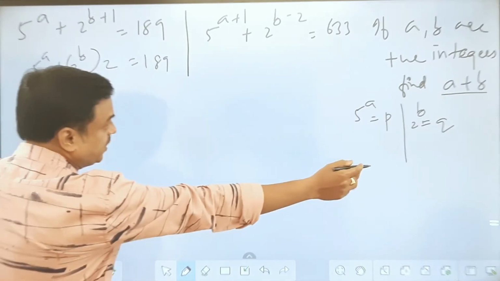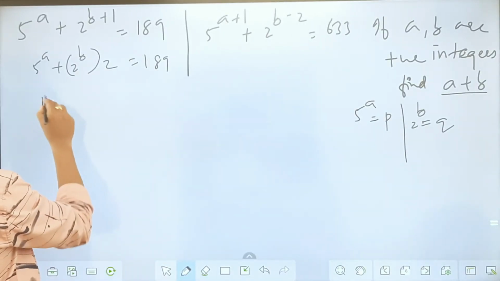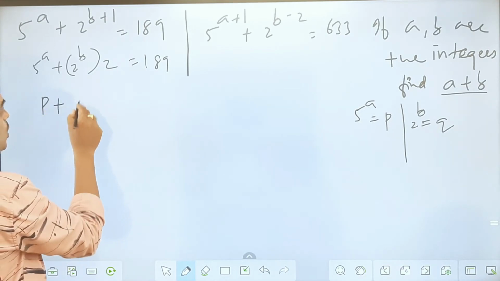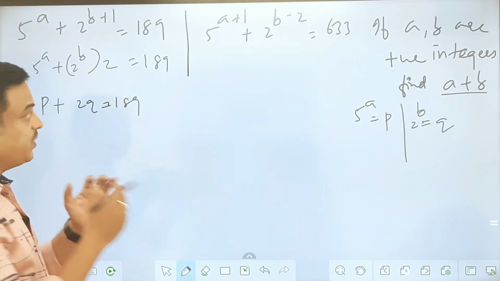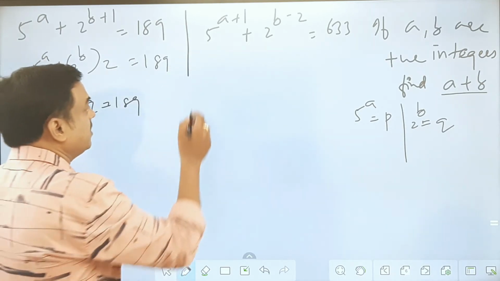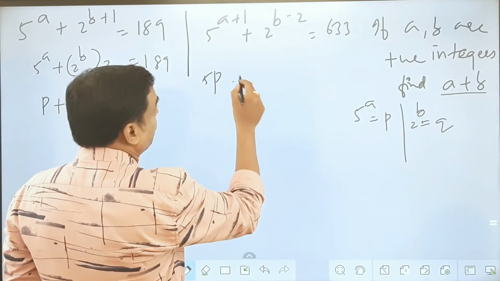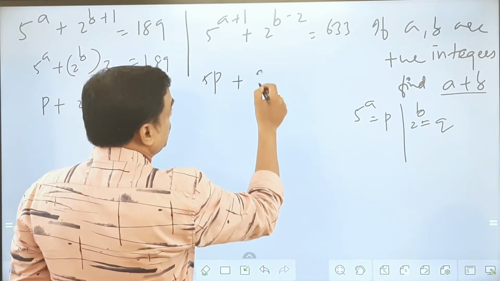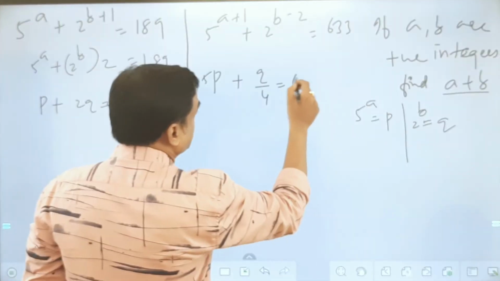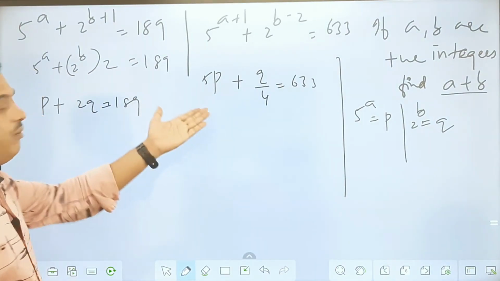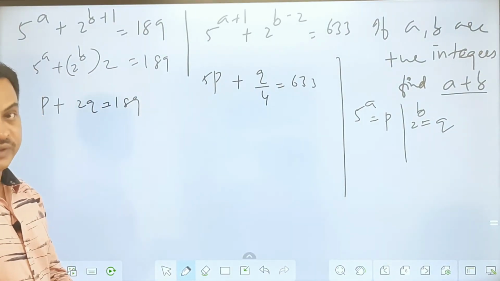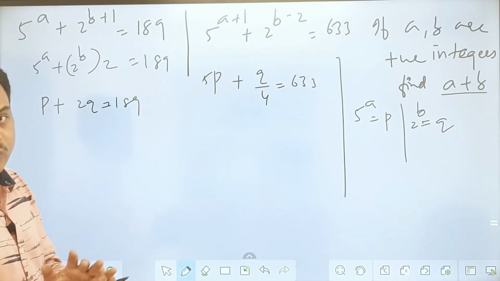And now you replace with p and q. This will be p plus 2q is equal to 189 you get. This is the first equation. Second here, 5p plus q by 4 is equal to 633 is what you get here. And then you solve equations 1 and 2 and get the answer for this. Okay, this is one method that you do.